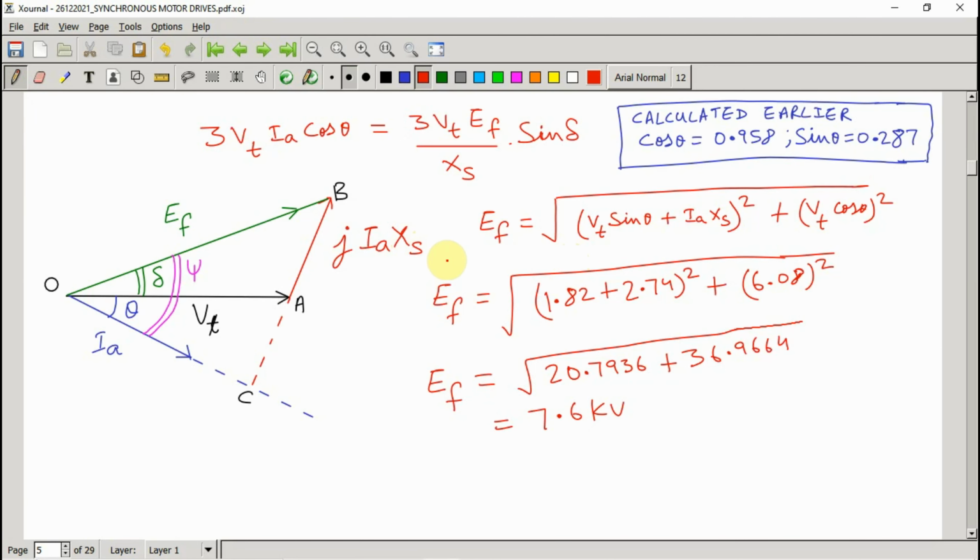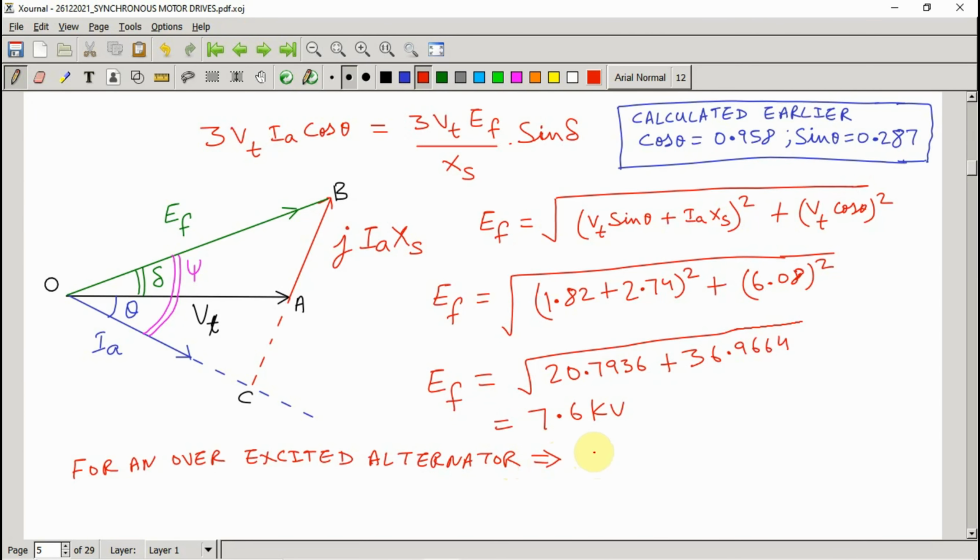You can verify it later, that for an overexcited alternator, this particular relation stands true.